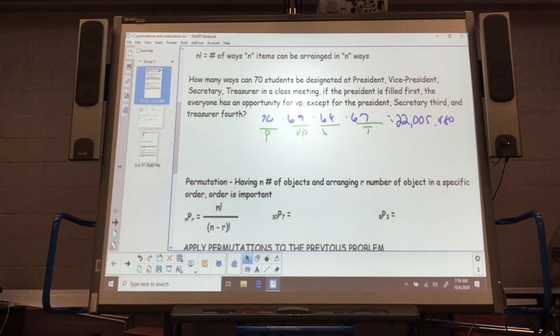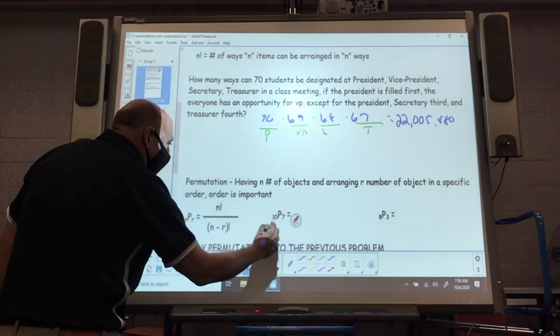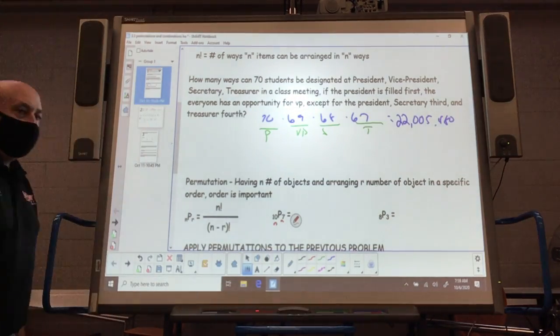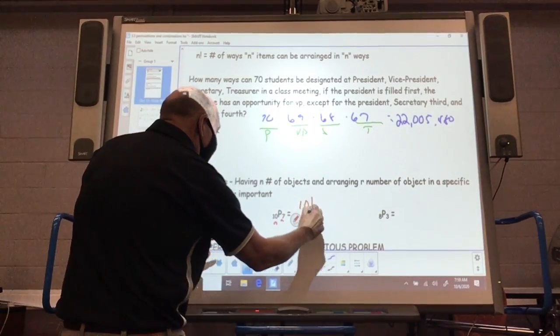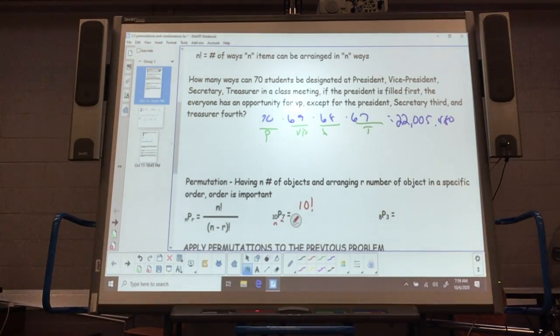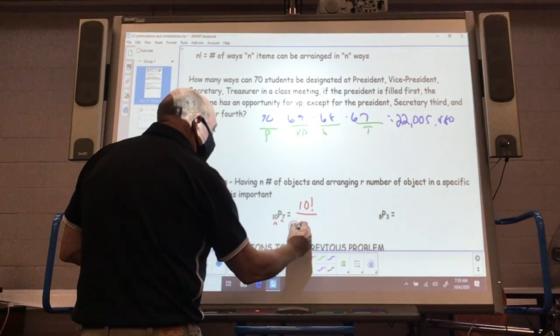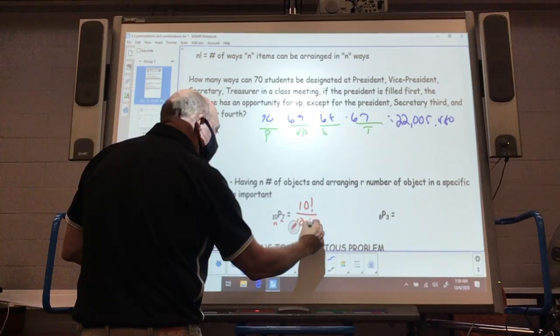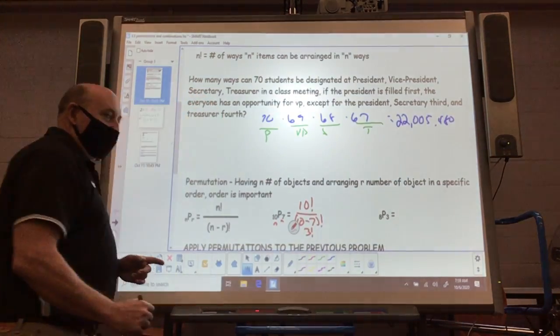So if I take a look at 10P7, this is my n, this is my r. So we have on top 10!, and on the bottom, 10 minus 7!, which is 3!.